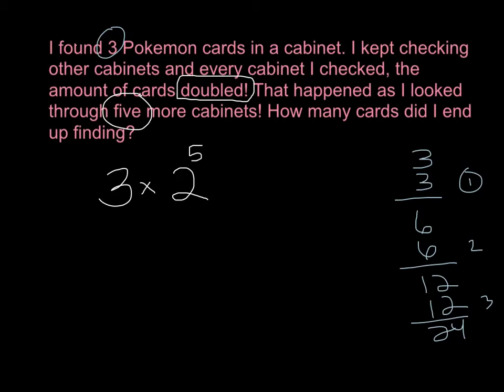You're going through 5 cabinets, and each cabinet, it's doubling, so it doubles 5 times. And it started with 3. So it's 3 times 2 to the 5th is the math that you will do to find the answer to something like this. This type of question is where you would use your exponent knowledge.